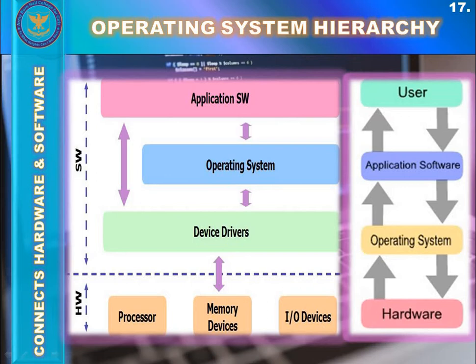Your memory devices like RAM and hard disk, and your input-output devices like keyboard, mouse and monitor, are also part of the hardware. The operating system communicates with the CPU, with input-output devices, and with RAM and hard disk.